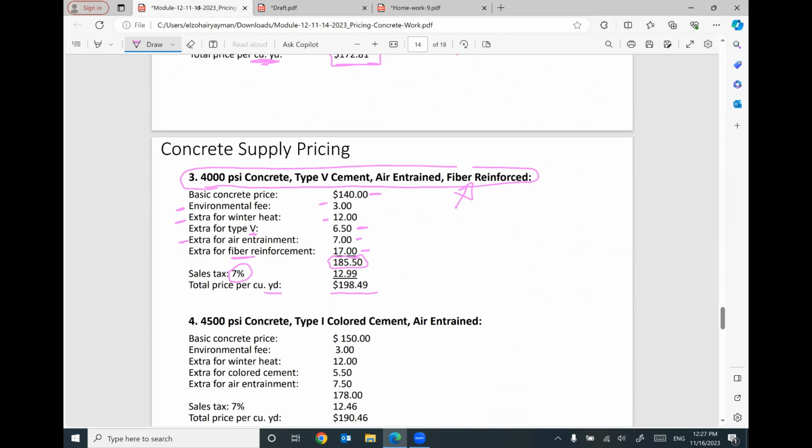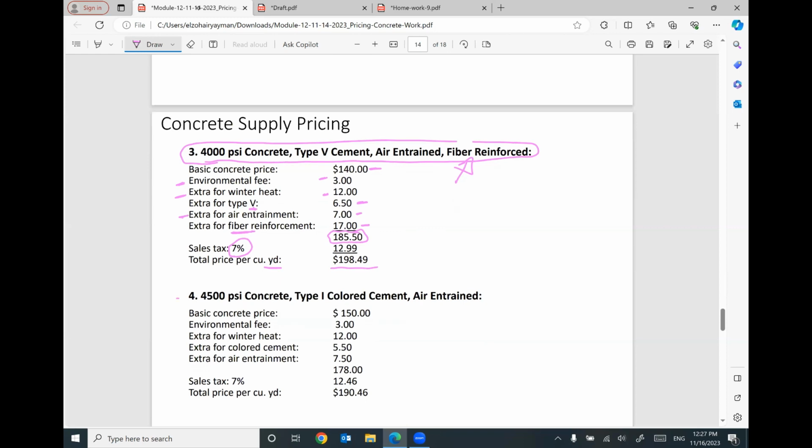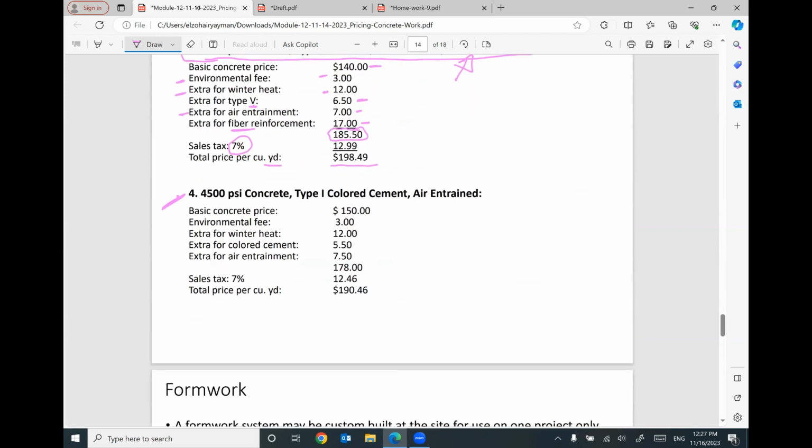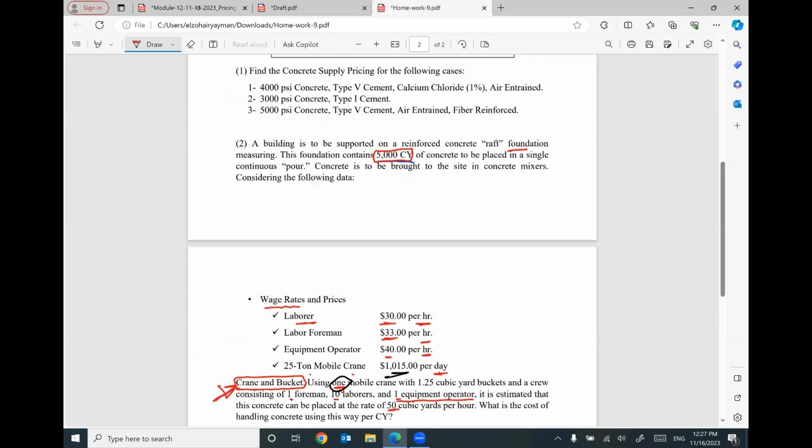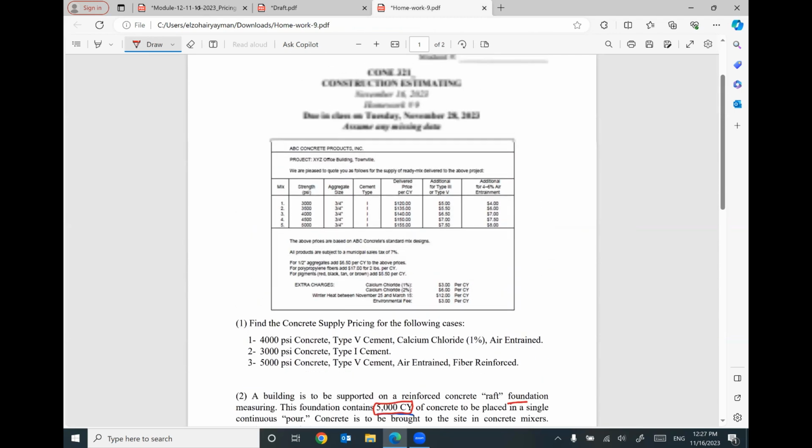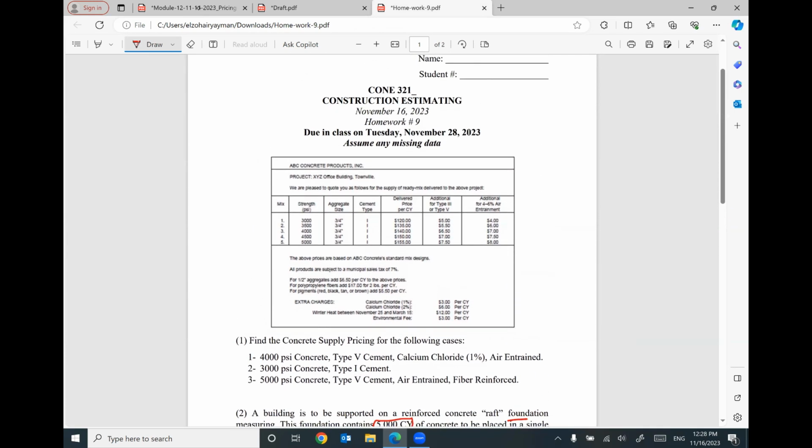That makes sense? So the specifications will change the price of concrete. This is another example with different specifications. In your homework, the first question is the same. I'm giving you this table and I'm giving you concrete with different specifications. Can you tell me what will be the cost here for each cubic yard?